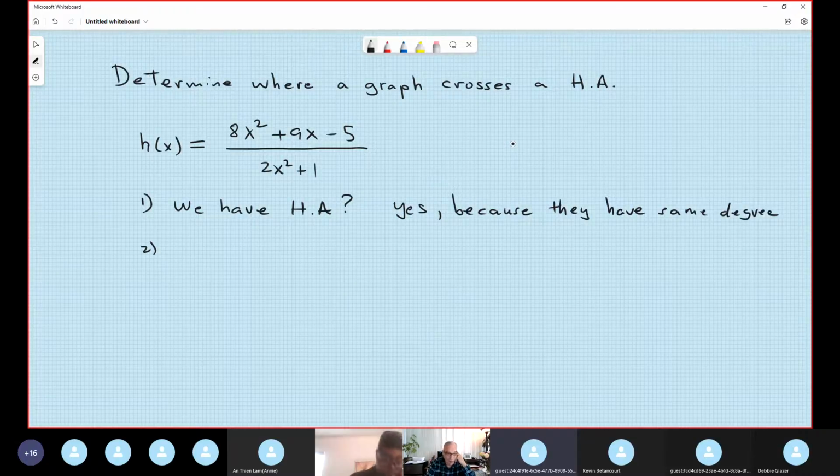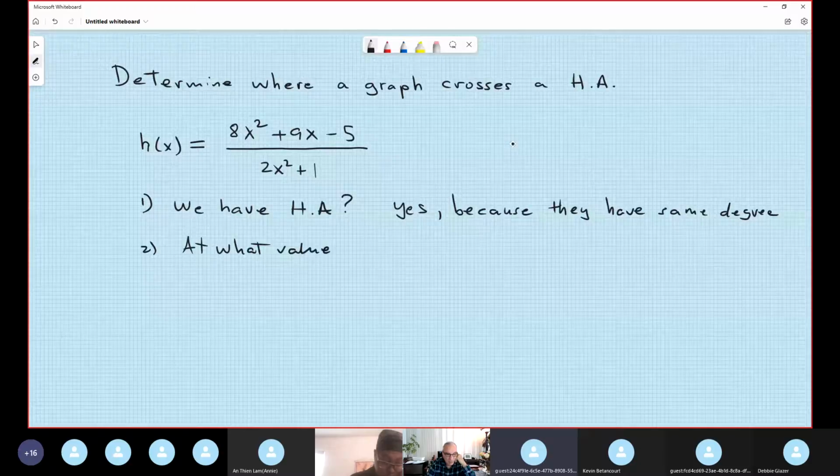Okay. At what value? It's the same question. At what value? So you apply the idea for the dominant, no? This is approximately the end behavior.